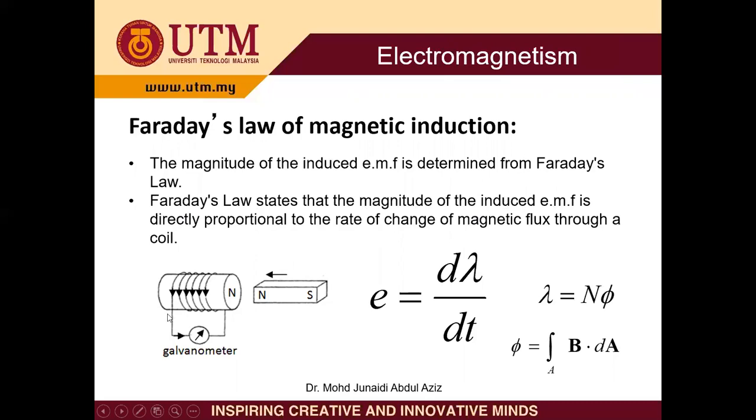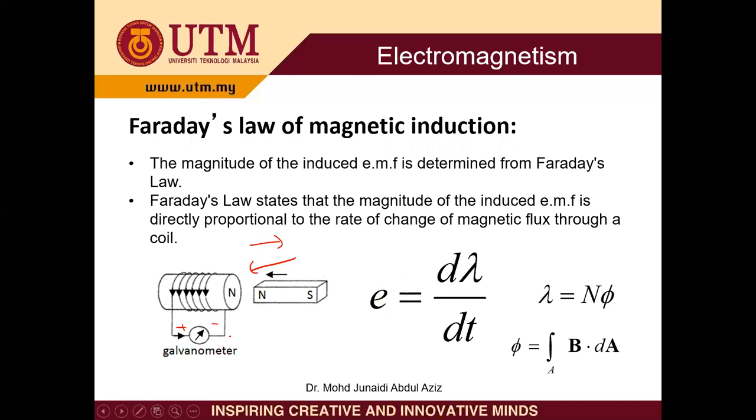For example, if you have a coil wound up here, and a permanent magnet going in and going out, it will produce a voltage induced inside the solenoid.